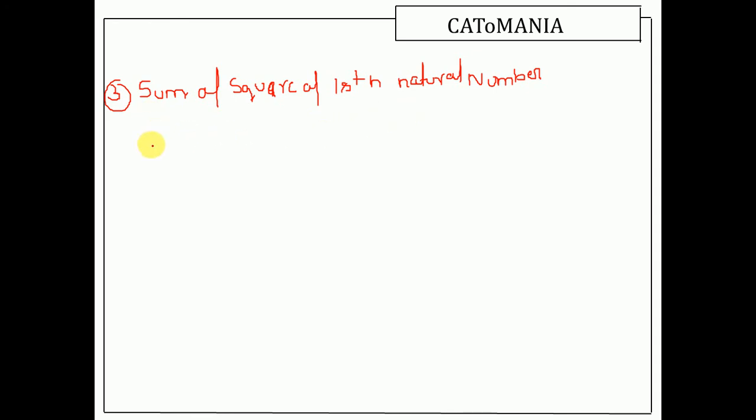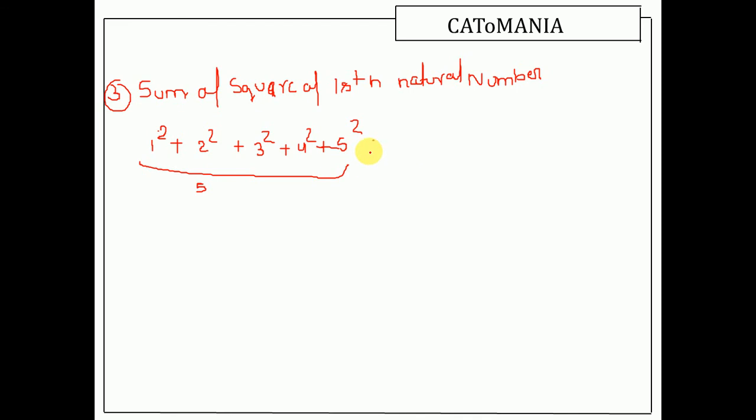Firstly, understand that the sum of squares means the first n natural numbers, which start from 1. And square, so 1 square plus 2 square plus 3 square plus 4 square plus 5 square. So it is the sum of squares of the first 5 natural numbers.